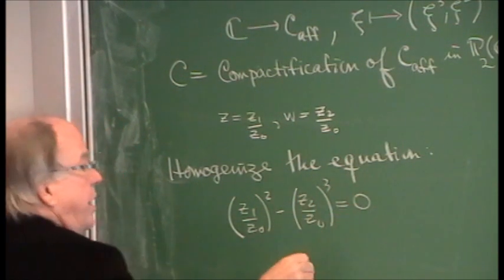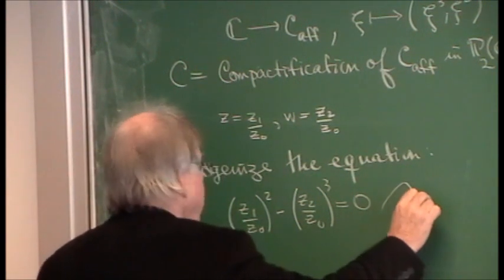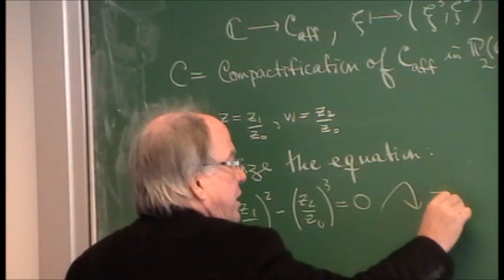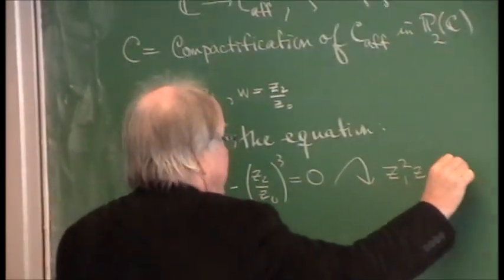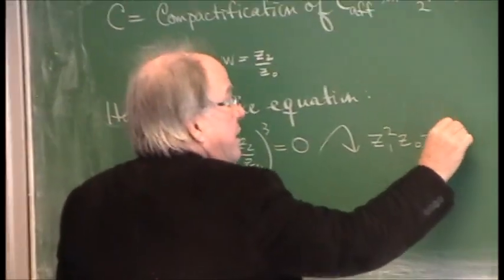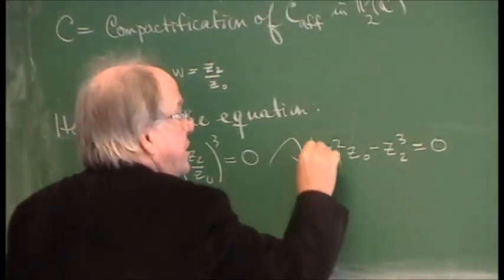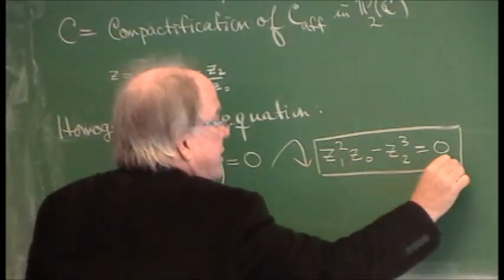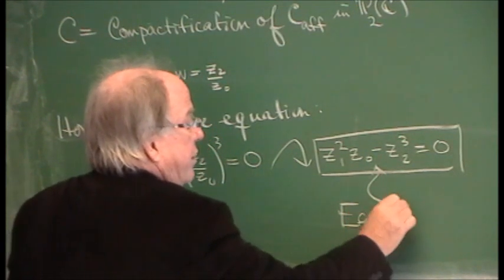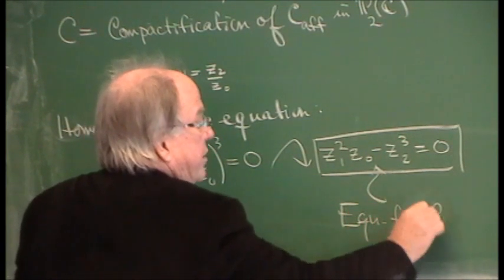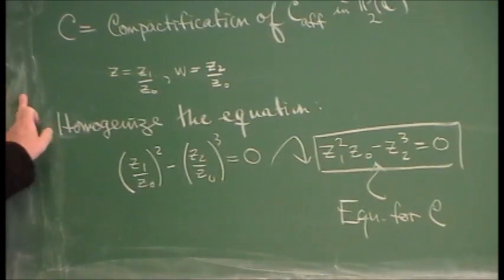And then you clear denominators and you get the homogeneous polynomial, which is a silly one, z1 squared z0 minus z2 cubed. It's a cubic. So this is the equation for the projective curve, what I'm calling here C.